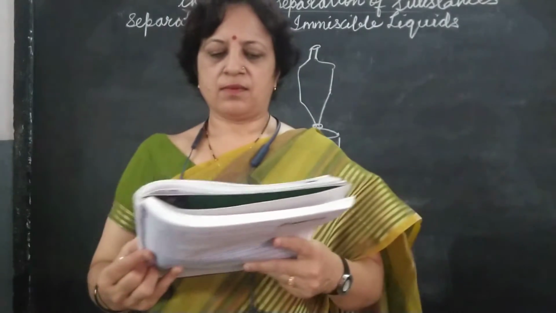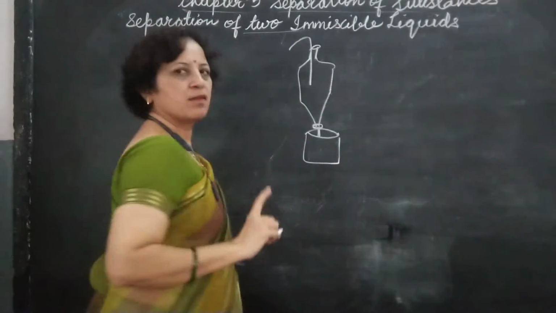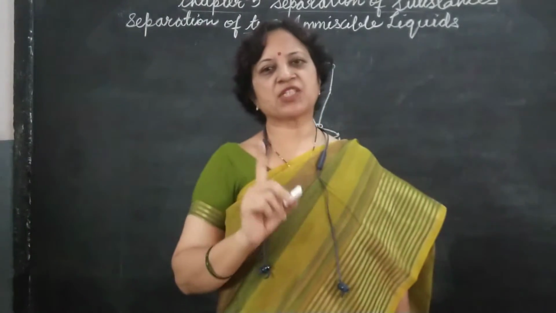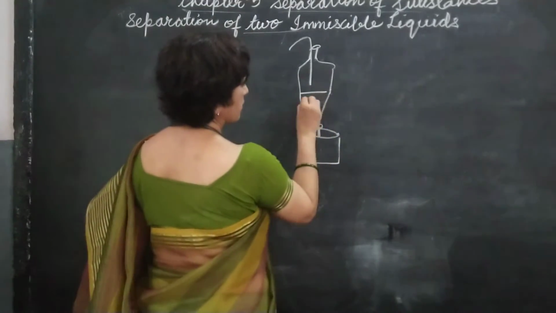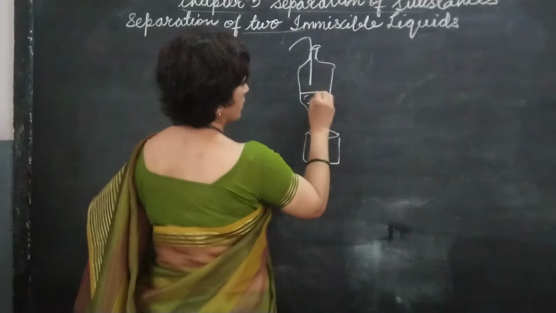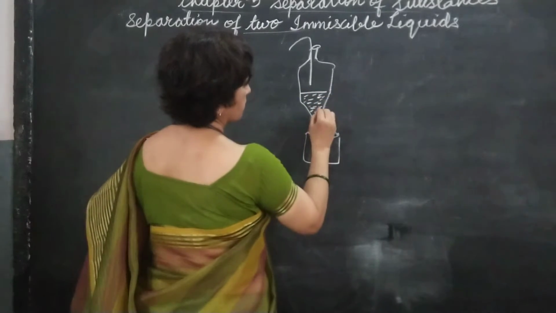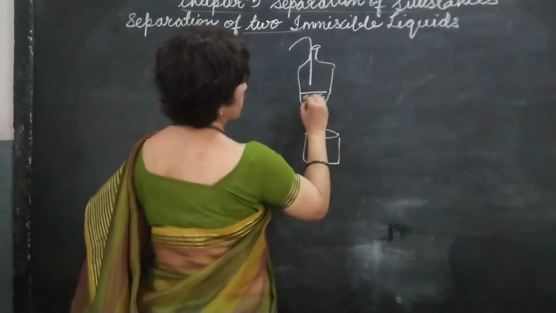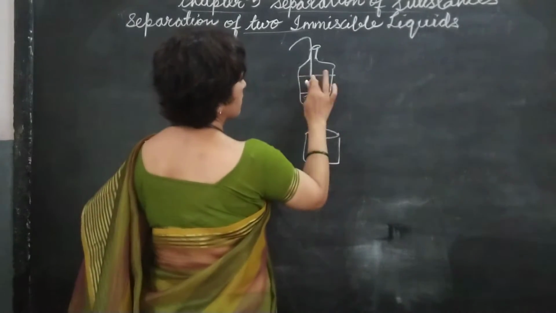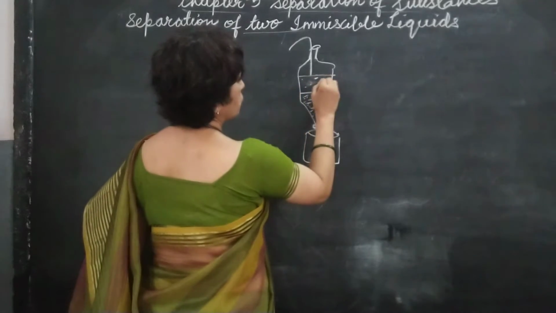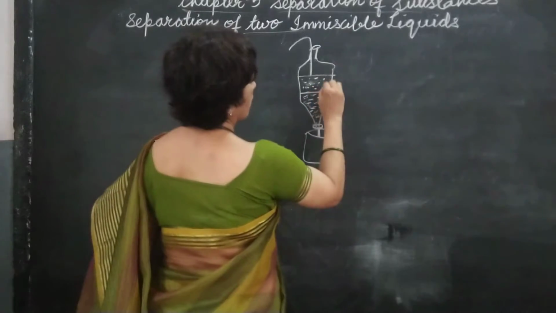First you have to take the mixture in this funnel. When you take the mixture in this funnel, the water, being denser, will settle down at the bottom side, and the oil layer, being lighter, will form above the water.